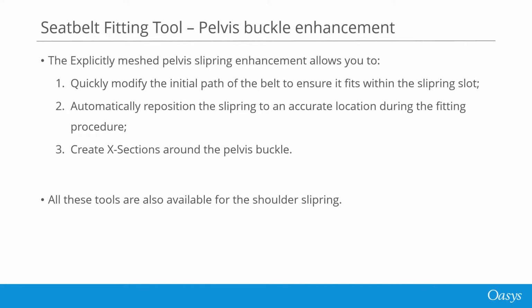In Primer version 21, the pelvis buckle can find its natural position during the fitting process. And the last addition is the ability to create database cross-sections around the pelvis buckle. I will explain all of these enhancements in more detail now, but I just want to mention that these tools are also available for the shoulder slip ring.